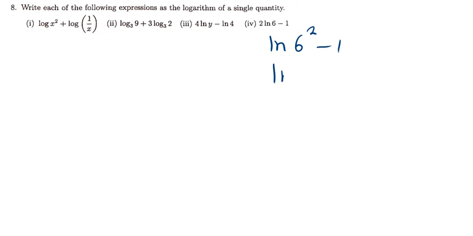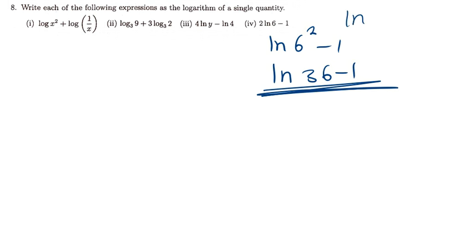So ln, that is going to be 36 minus 1. Here we were trying to write this as a single quantity. You can't go anywhere here. That's why I'm saying they were supposed to add something here, maybe it was supposed to be negative ln of something. Yeah. So the way it is there, we are just trying to express it to simplify it. So we are ending there.